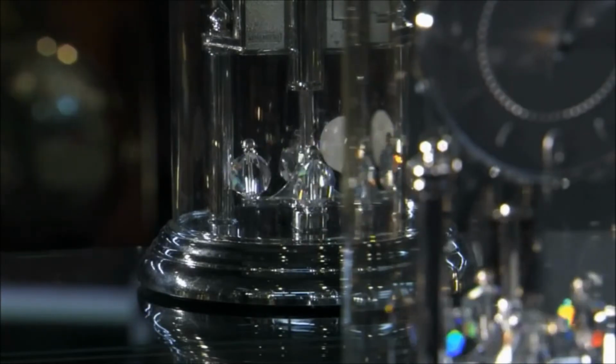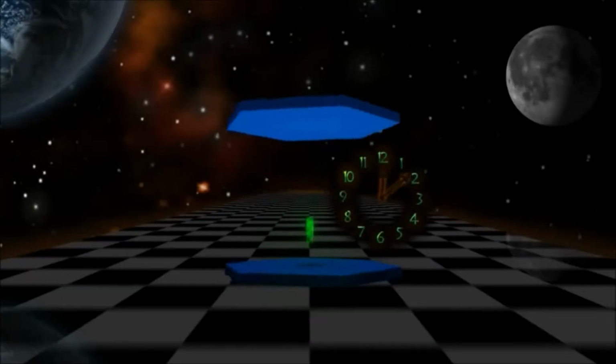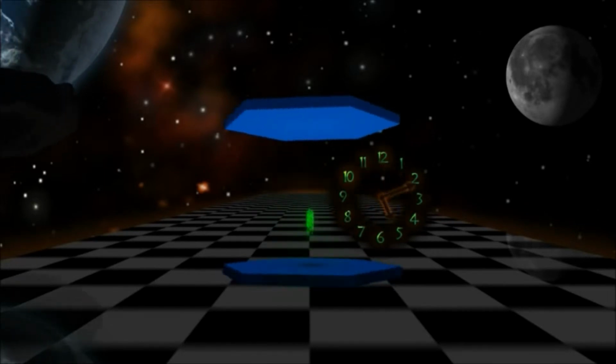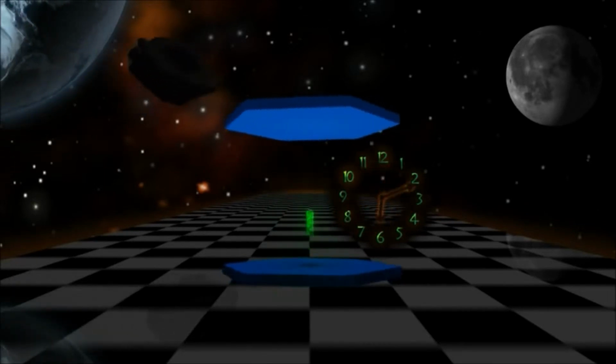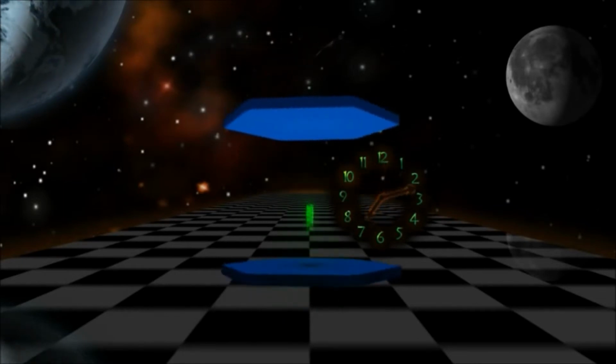Any regular event will do. Let's imagine constructing a clock in which a beam of light bounces between 2 mirrors. Whenever the light strikes the bottom plate, the clock advances.